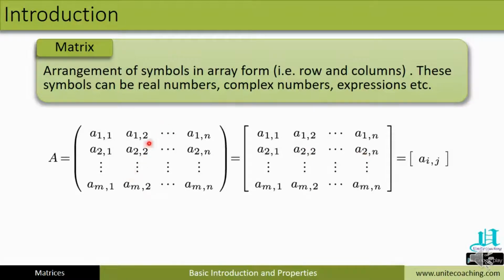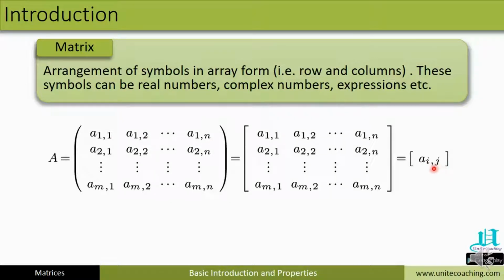And talking about a1n, where the value of i is 1 and the value of j is n, this means that a1n is present in the first row and the nth column. So this is what aij represents: i represents the row position and j represents the column position.